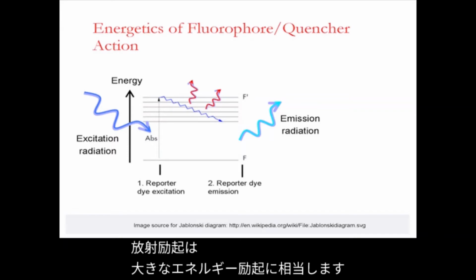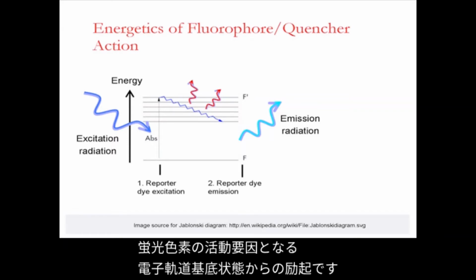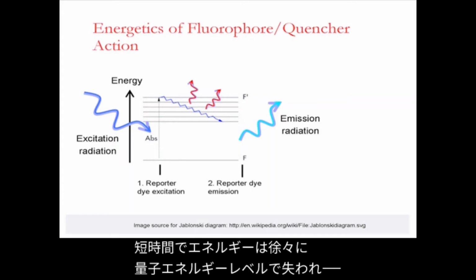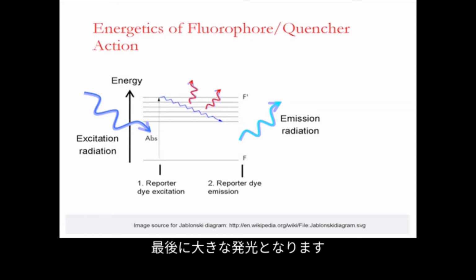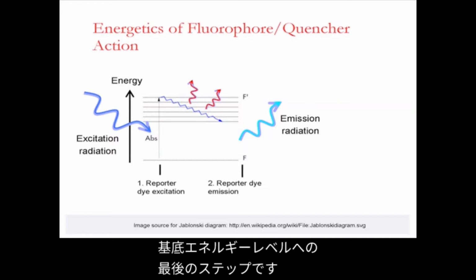Another way of illustrating the energy transfer action of fluorophores and quenchers is with a Jablonski diagram. The excitation radiation corresponds to a certain large energy excitation from the base level of the electronic orbital that is responsible for the fluorophore action. Over some short time, energy is lost through small steps between quantum energy levels, and finally there is a larger release of emission radiation, corresponding to the final step toward the base energy level.